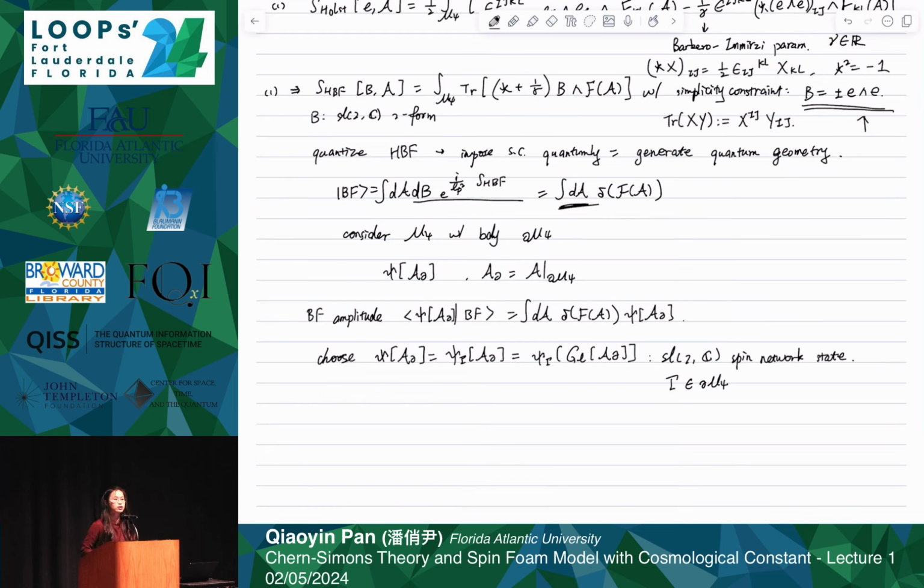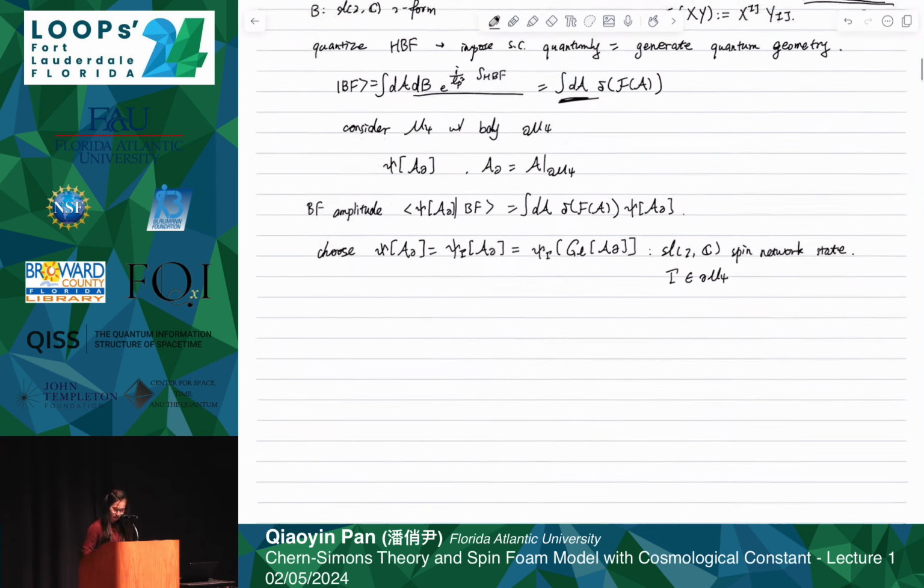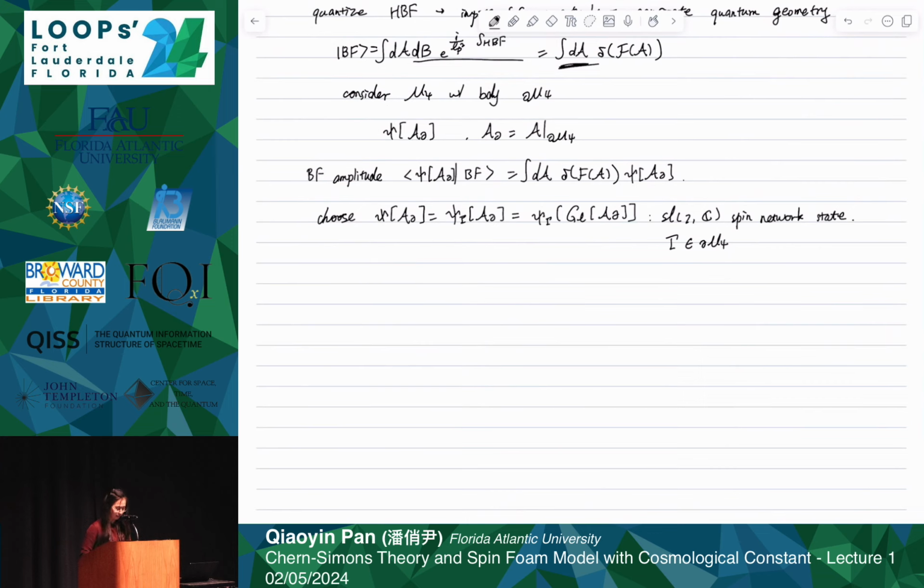Now, as I told you, I want the spin foam amplitude to respect the local spin foam ansatz. So first, I want to construct the amplitude for a four-simplex. So now we just consider this four-manifold to be a four-ball whose boundary is a three-sphere. And the triangulation of a four-ball gives you a four-simplex.